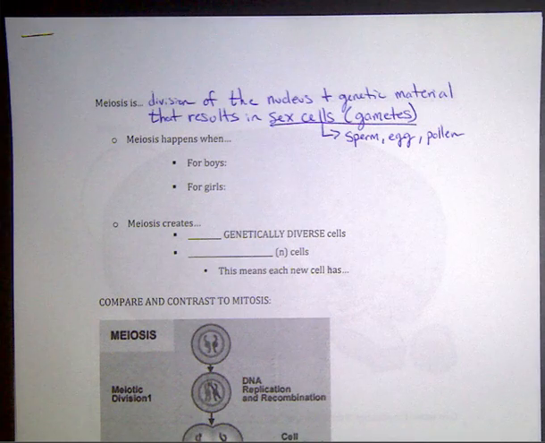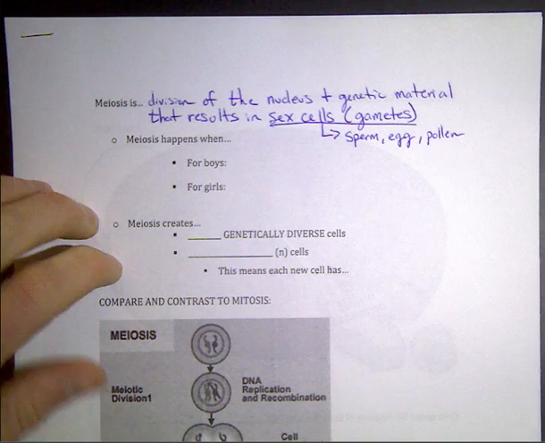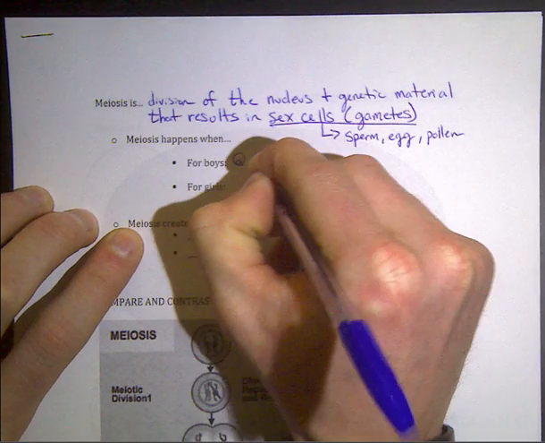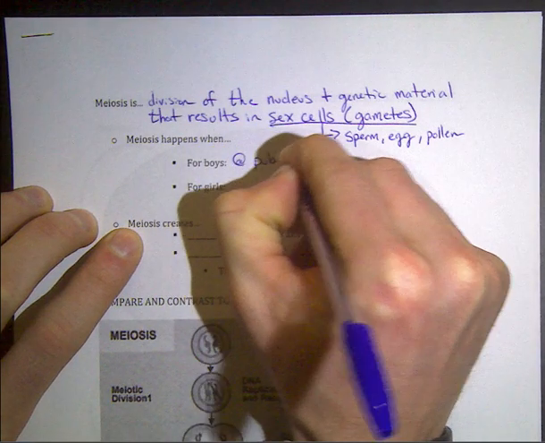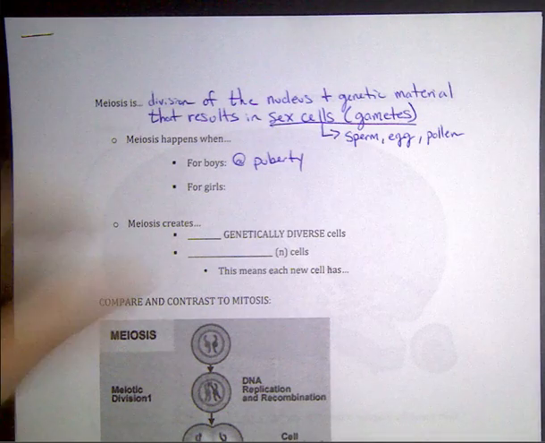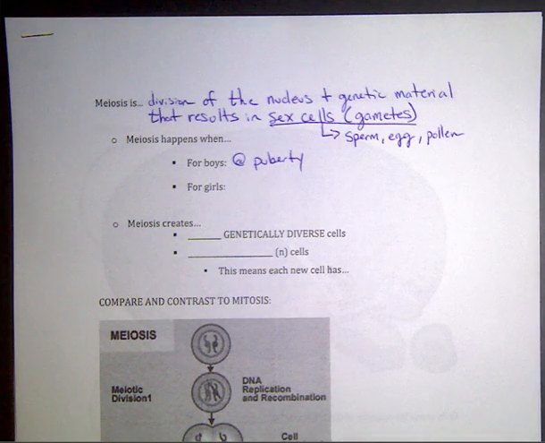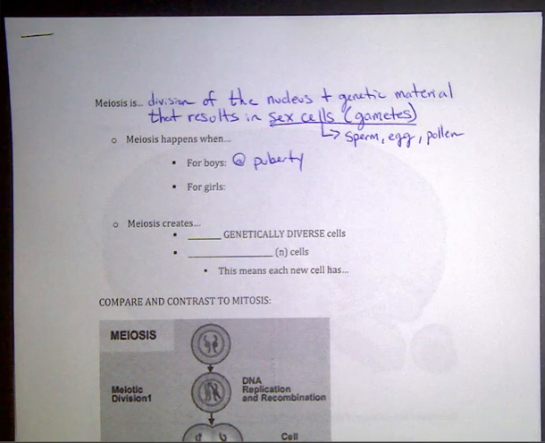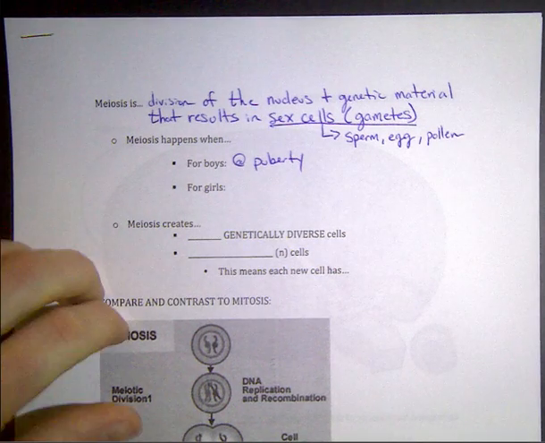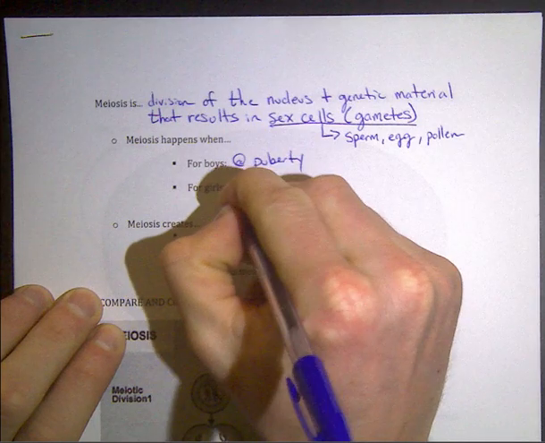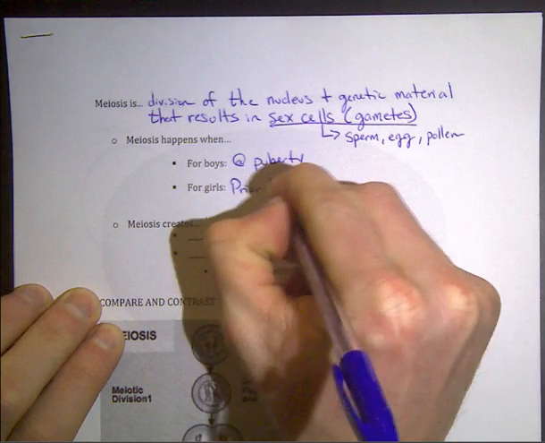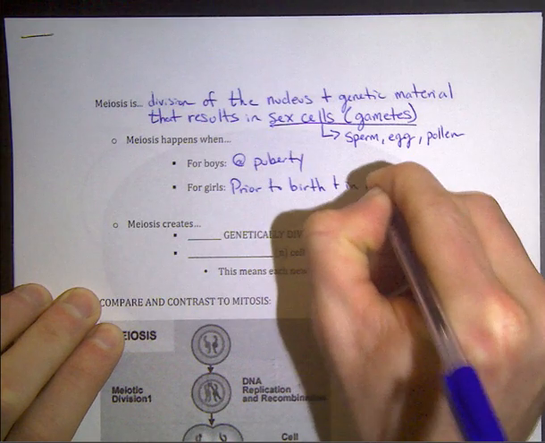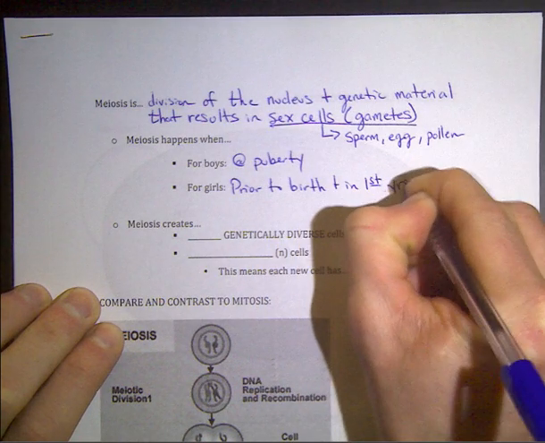In humans, for men, for boys, this process occurs at puberty. Okay, we don't have the ability to start making sex cells, sperm and egg, before this time. For girls, it's a completely different story. This actually happens prior to birth and in the first years of life.